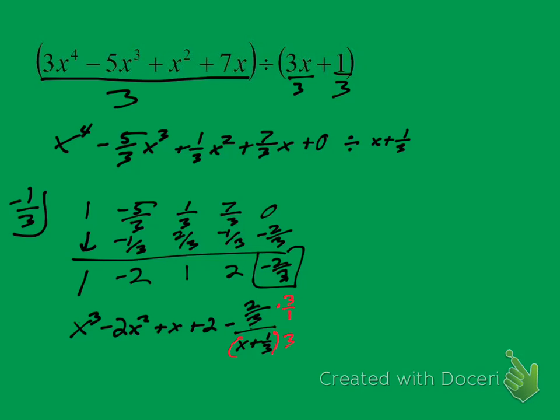So when you go over here for your final answer, do it in blue. x to the third minus 2x squared plus x plus 2 minus 2/3 times 3 gives you 2, divided by 3 times x gives you 3x, plus 3 times 1/3, 1.